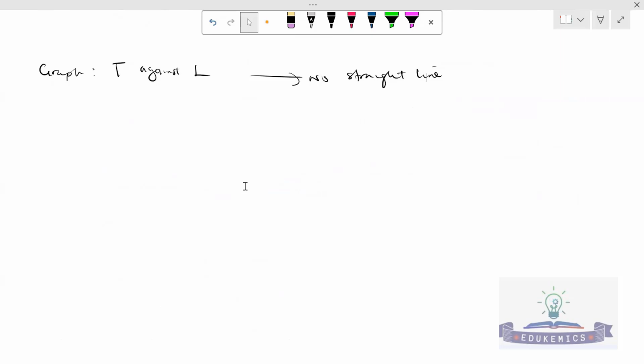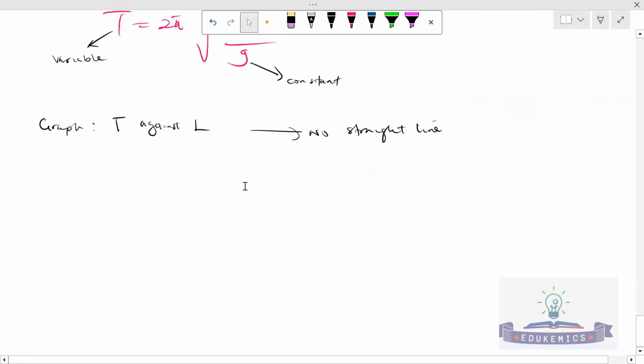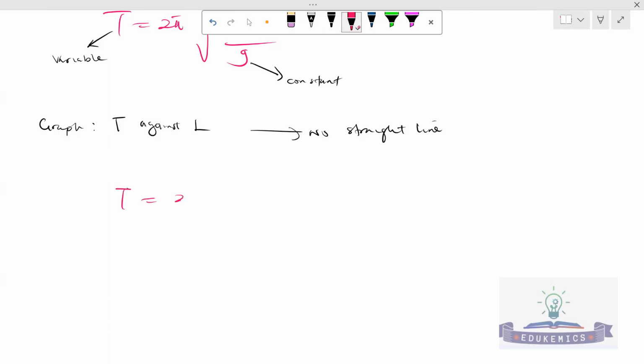So what we do for us to have a straight line graph is to transform that equation into a linear equation. Let me bring back that equation: T equals 2 pi square root of L over g.